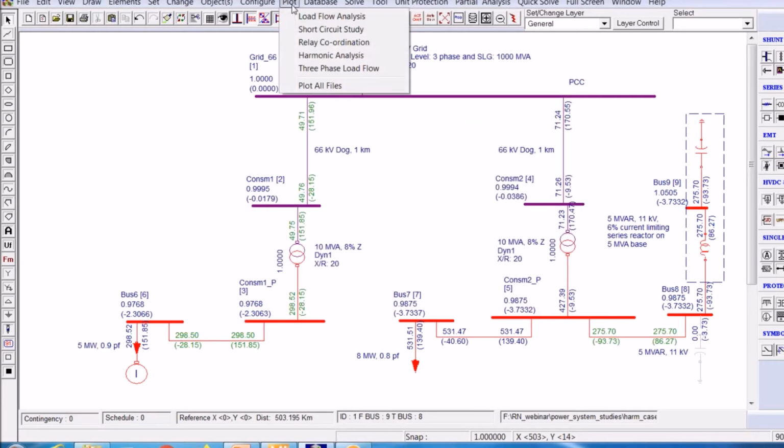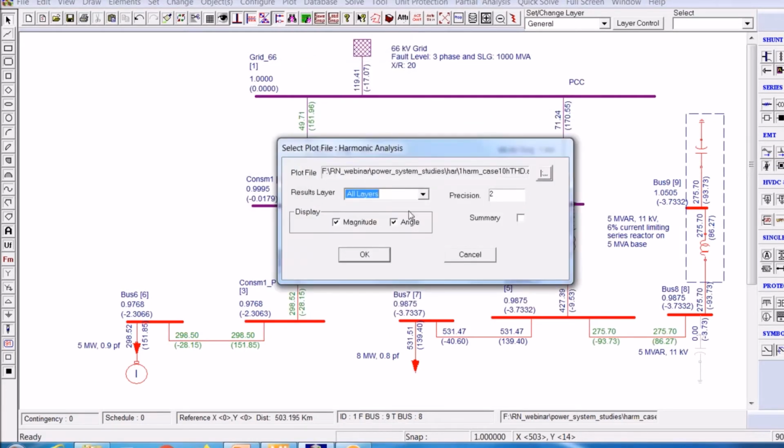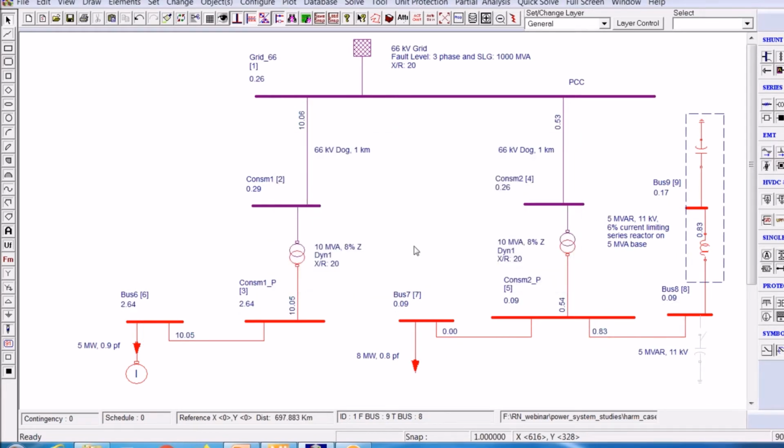And you can plot the distortions in the harmonic analysis. Therefore, you'll be able to see the various distortions here. For example, here the distortion is 10% current distortion. Corresponding to that, voltage distortion is 2.64%.